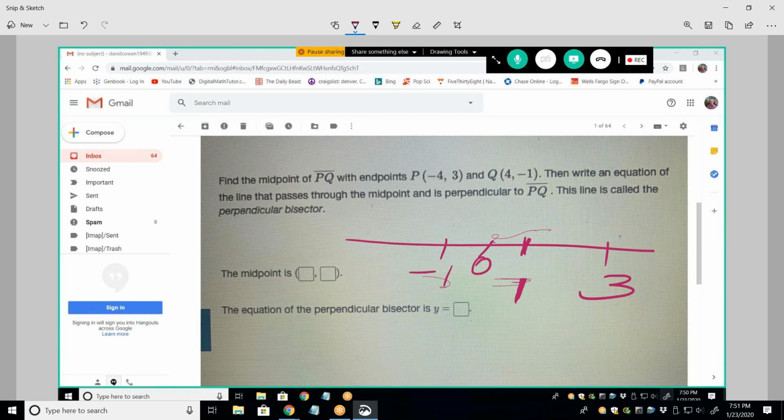Yeah. Rather than having to figure all of that out, the easy way is just to add the two numbers, 3 and -1, and divide by 2. Always. That'll give you the midpoint. So what's the complete midpoint between P and Q? 0, 1. You got it. 0, 1. Right there.